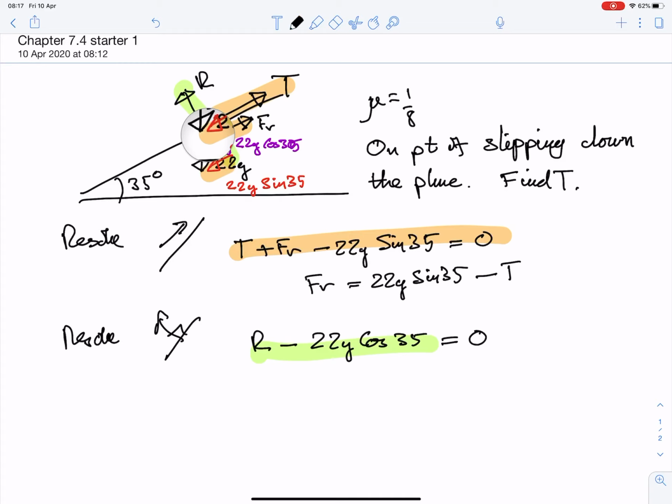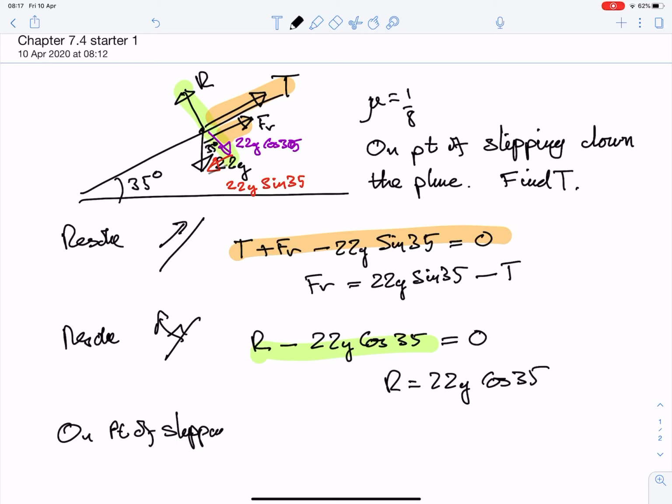Okay, so R is equal to 22g cos of 35. Friction on point of slipping. Friction is equal to mu R.